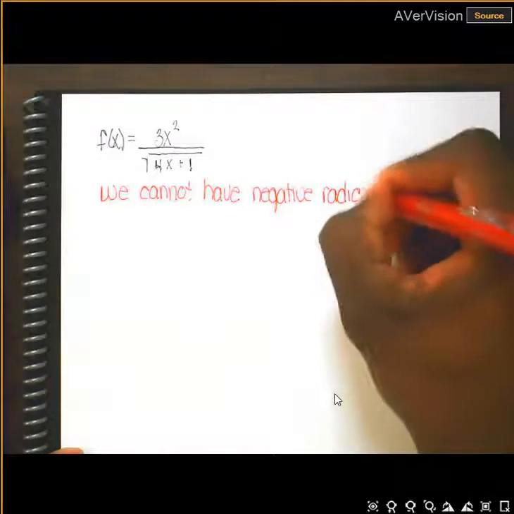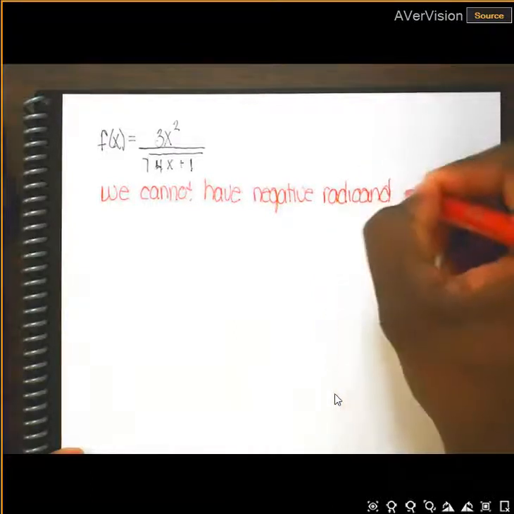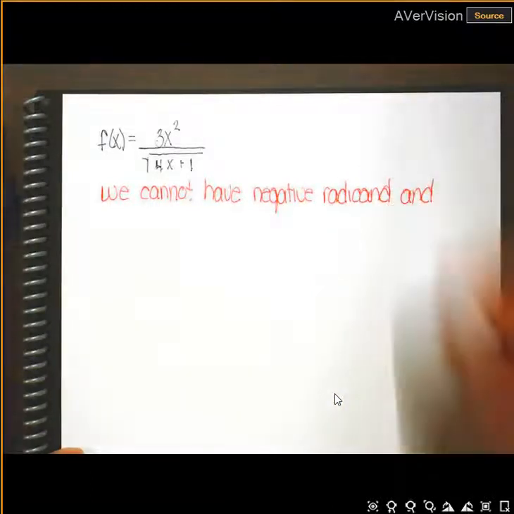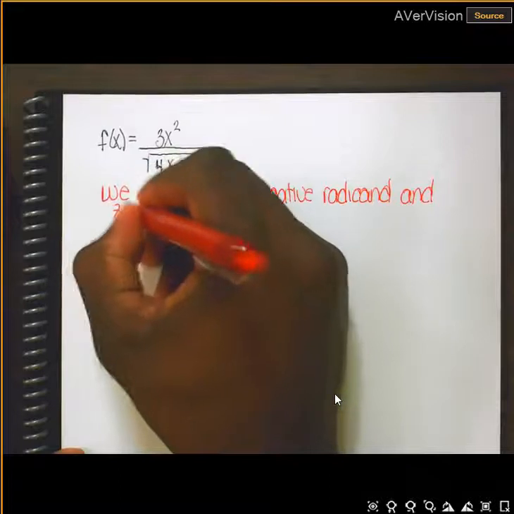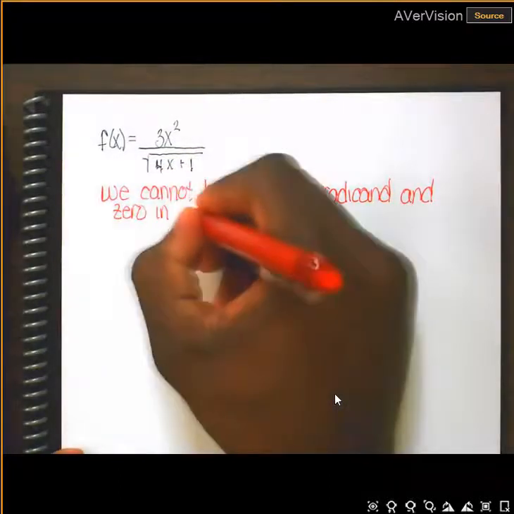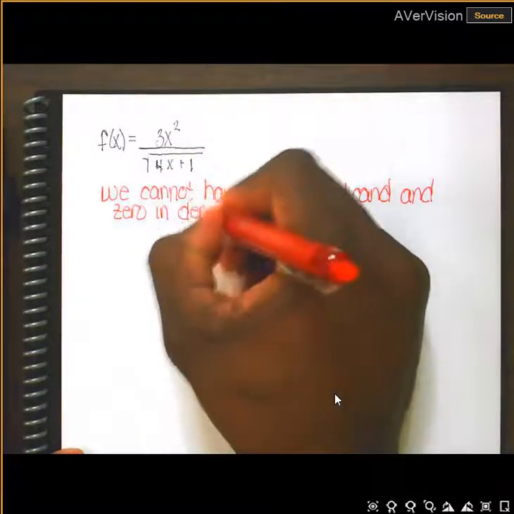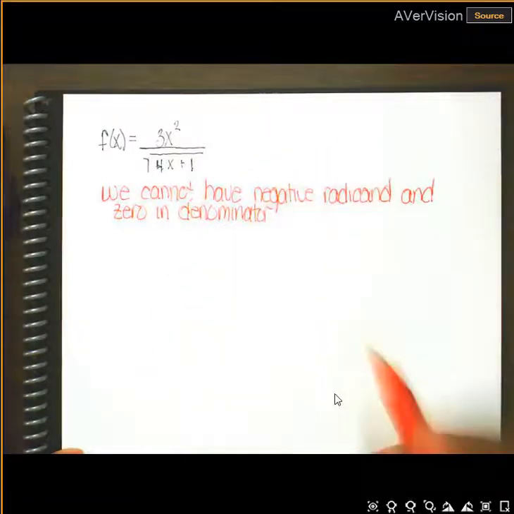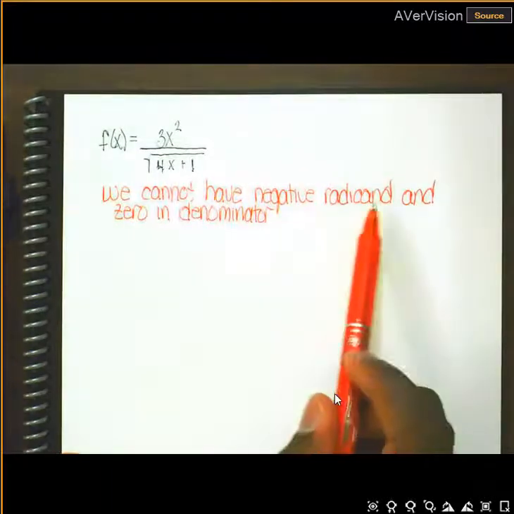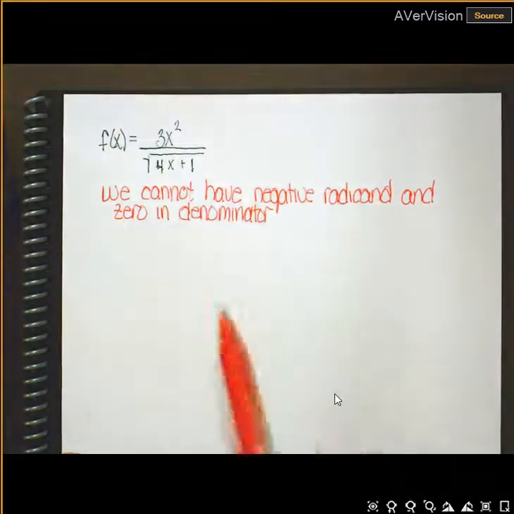And 0 in the denominator. All right, so we can't have a negative radicand and we can't have 0 in the denominator.